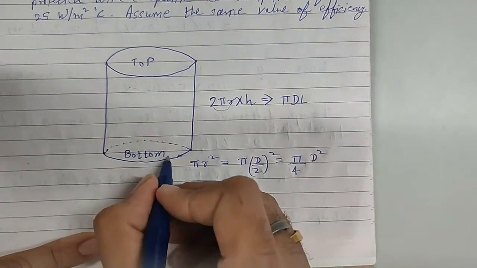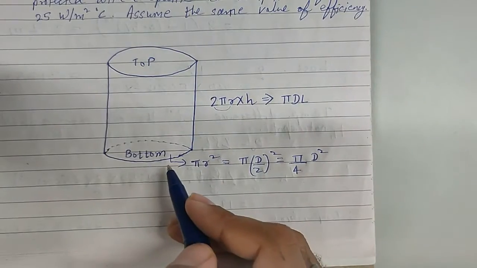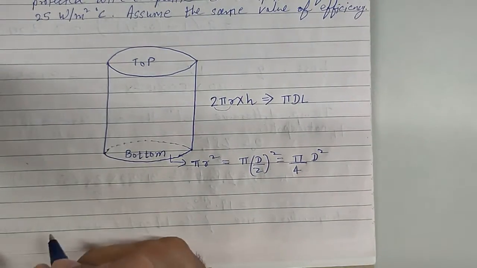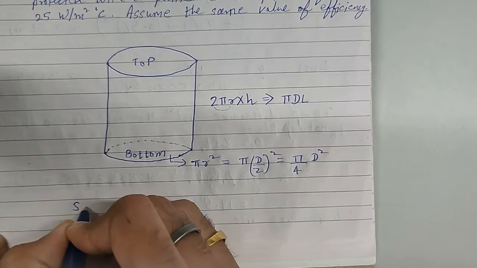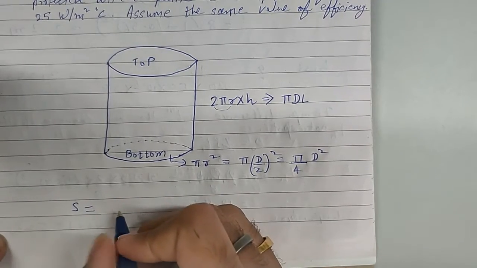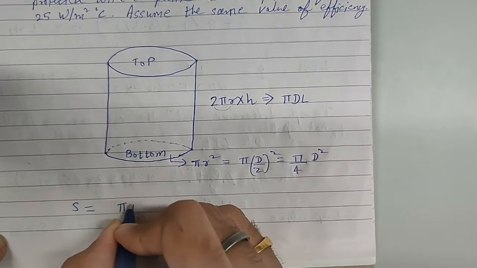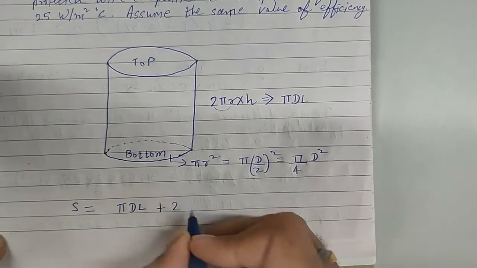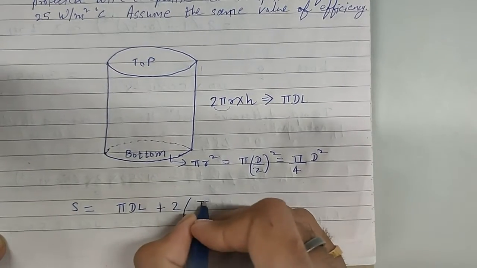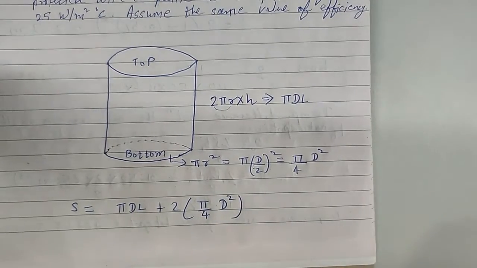Now this is only for one particular part. When we are talking about both the top and the bottom, my entire dissipating surface S would be equal to pi dL plus twice of pi by 4 d square.